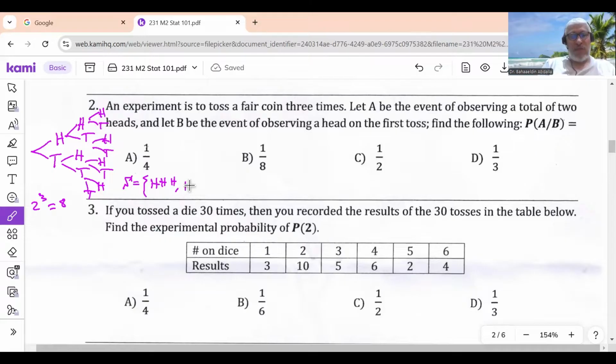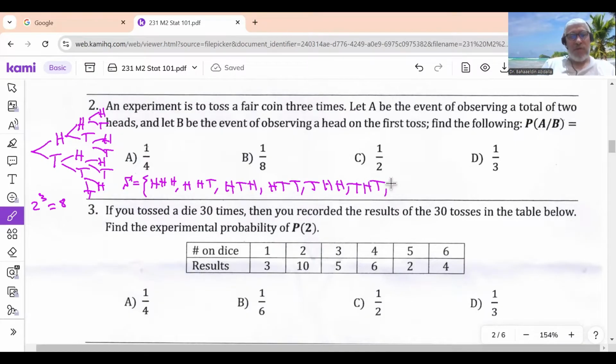HHT, second possibility, and so on. You will find 4 outcomes start with H and 4 outcomes start with T. And the total would be 8 outcomes. So this is the experiment in general.